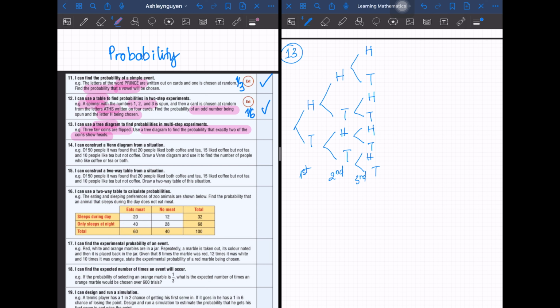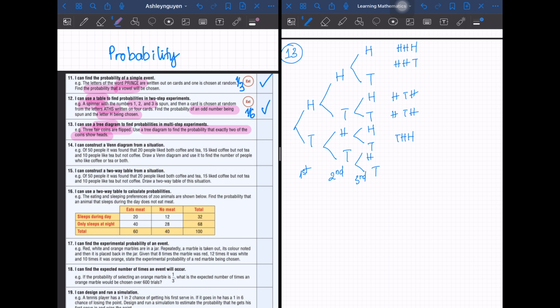So let's write all the possible outcomes. That one gives you H, T, H, T, H, TT. Keep going on.